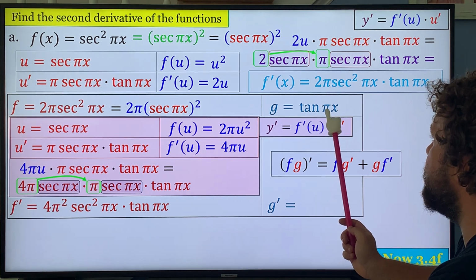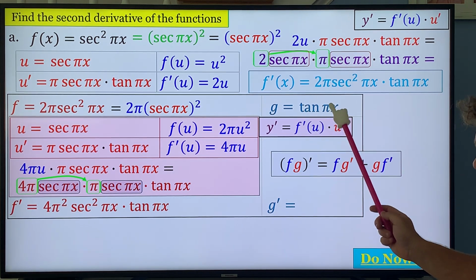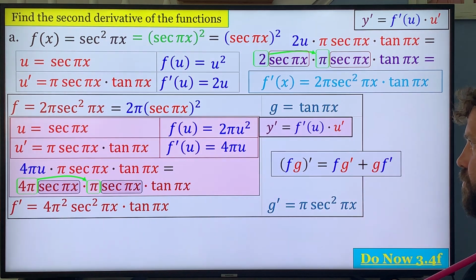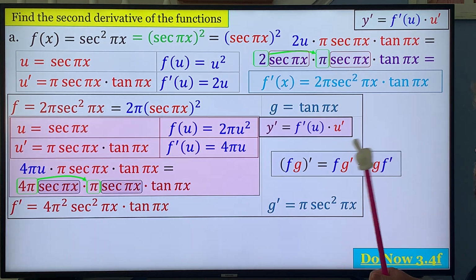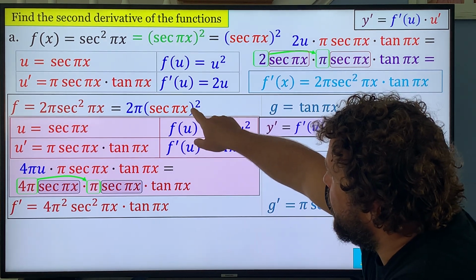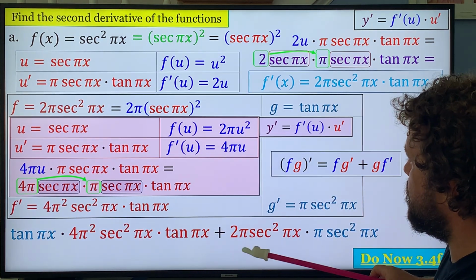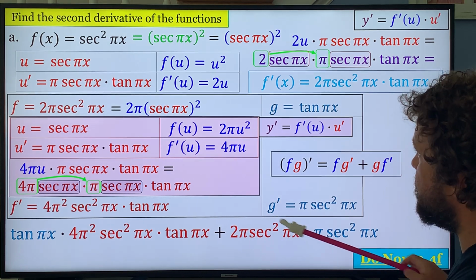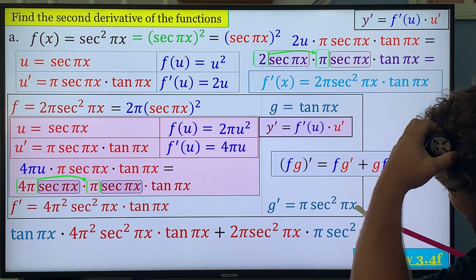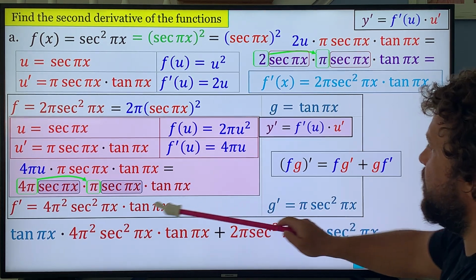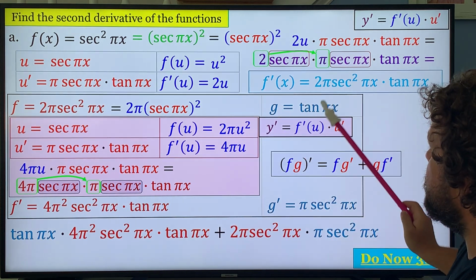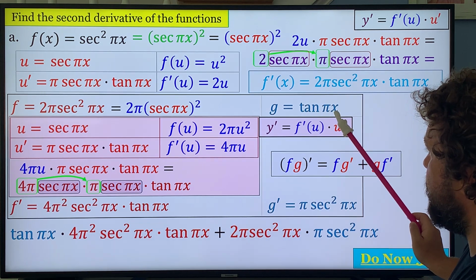Derivative of tan pi x. Derivative of pi x is pi. Derivative of tan is secant squared, so it's pi secant squared pi x. This is the product rule, f g prime. 2 pi secant pi x times pi secant squared pi x, that's on this side, and this one is 4 pi squared secant squared pi x tan pi x times tan pi x.